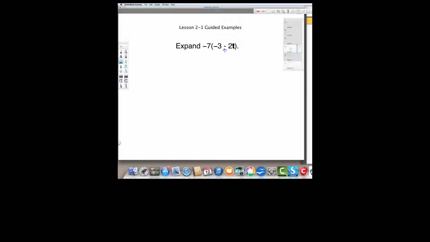So if we were to expand that, we have -7 times (-3 minus 2t). You notice I put a little tail on my t. That's to make sure that I don't confuse it with a plus sign. In this context I wouldn't, but in other situations I might. So it's a good idea to be careful about how you write your letters to make sure they don't confuse you.